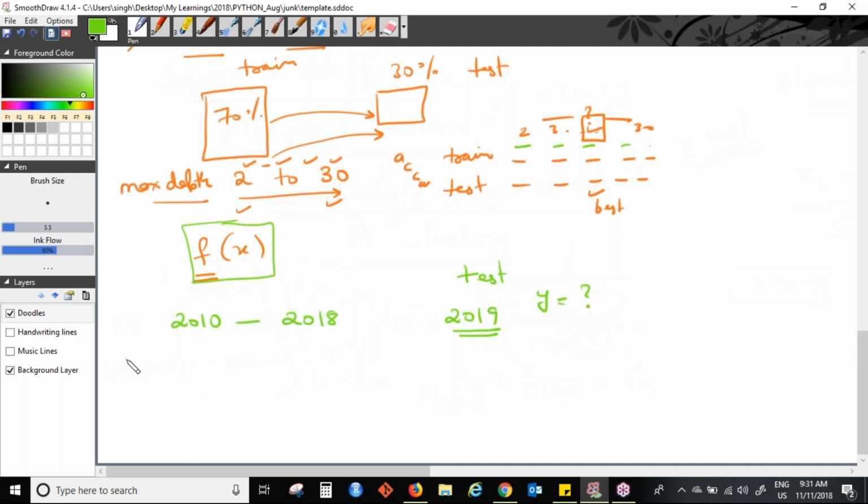So what you will do is take 2010 till 2016 as your training, and you will create a test data of your own. You will create a mock test of your own. So 2017 and 2018 will be your mock test data, which I'm calling test again.